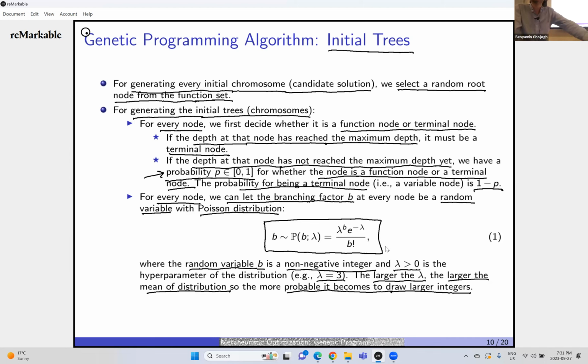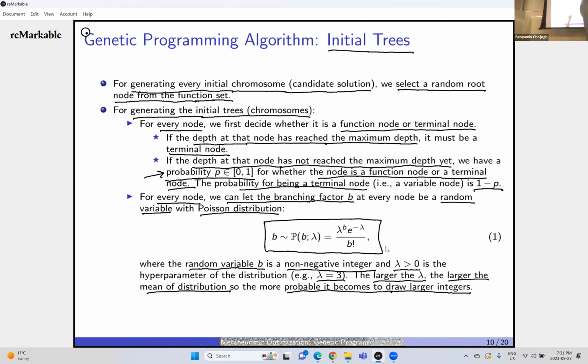By the way, you can also adapt lambda. The more you go down, you decrease or increase your lambda. Or you can also adapt your P. Of course, initially, P was the probability of being a function node.